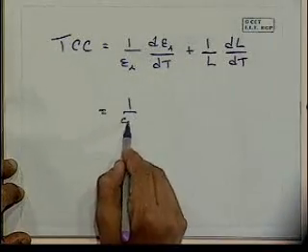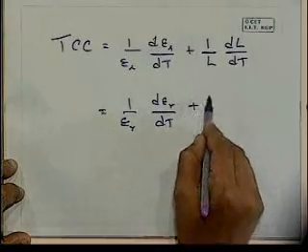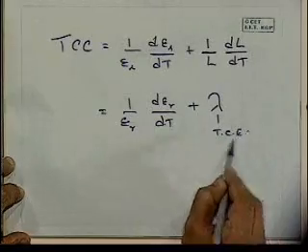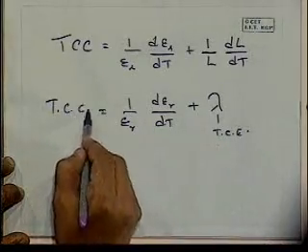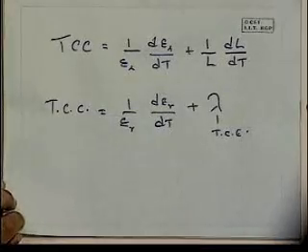Or in another form, 1 by epsilon r d epsilon r by dT plus lambda, which is the TCE. So the temperature coefficient of capacitance is equal to 1 by epsilon r d epsilon r by dT plus the thermal coefficient of expansion.